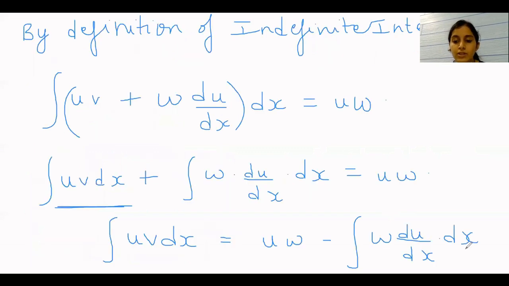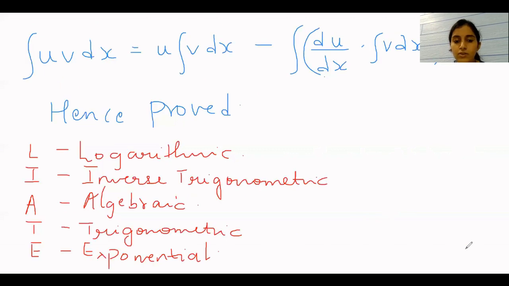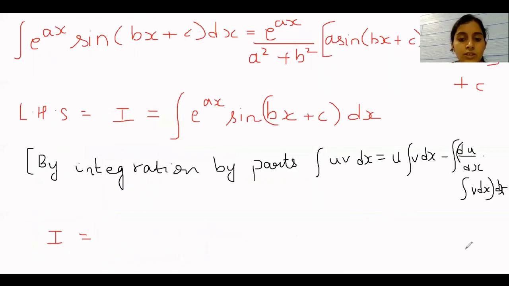Since we know the integrals of both, you can take any of them as your u and v. So I'll consider e raised to ax as u and v as sine bx plus c. Okay, so let us begin.